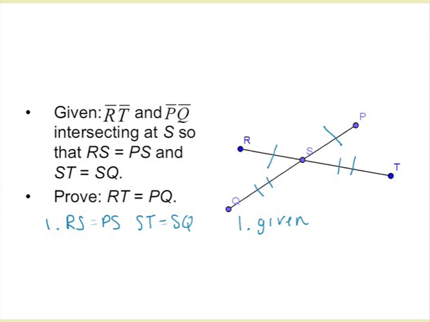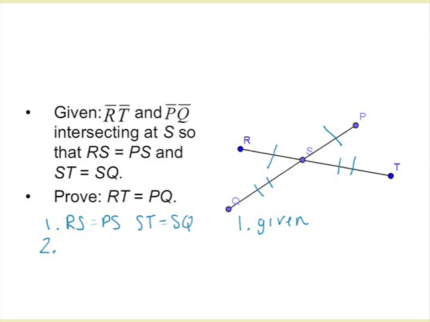Now we have two equal statements here, and so we can apply any of those properties that we talked about at the beginning: the addition, subtraction, multiplication, or division. Since we're trying to put together segments, we're going to add those pieces together.